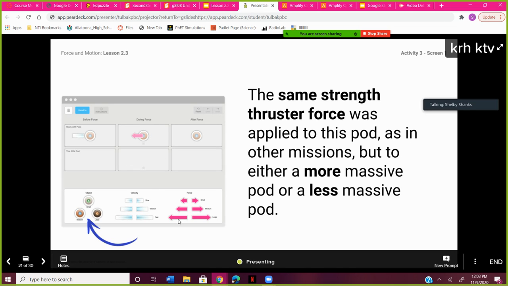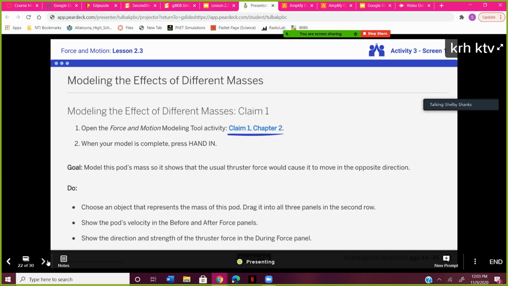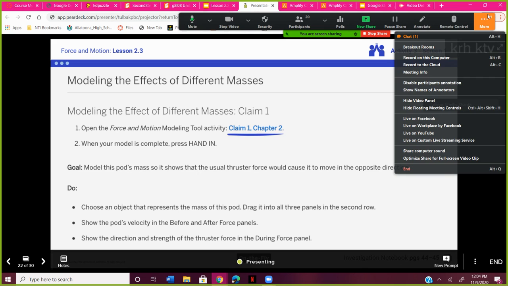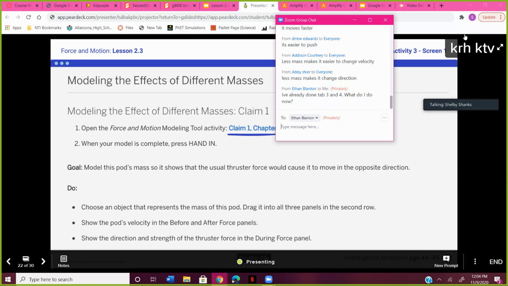You are then going to have the same strength force, so you're going to have this medium arrow in the during force, because you know that the same strength thruster force was applied to the pod. We're trying to figure out is it more massive or is it less massive with claim 1 and claim 2? So you're going to be showing both claims. If you want to go ahead and press on the screen, you can.